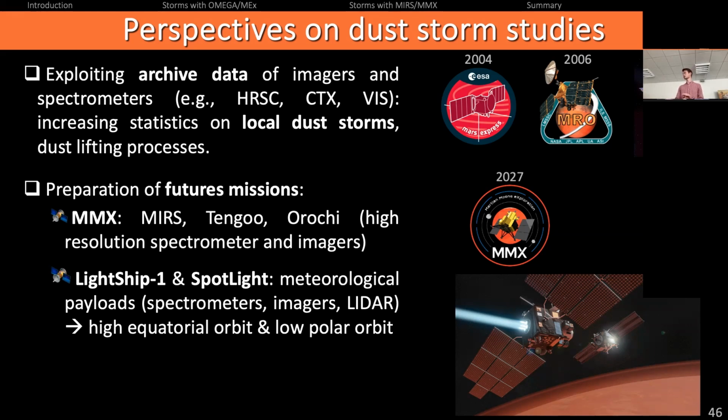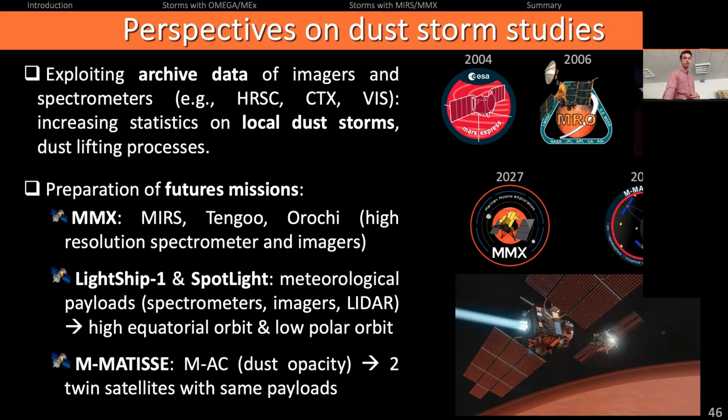And we are particularly interested in the LiDAR part at LATMOS. So with two different types of spacecraft, one with a high equatorial orbit and one with a low polar orbit, which are complementary for the meteorological study. And then there is also the MMATIS mission.